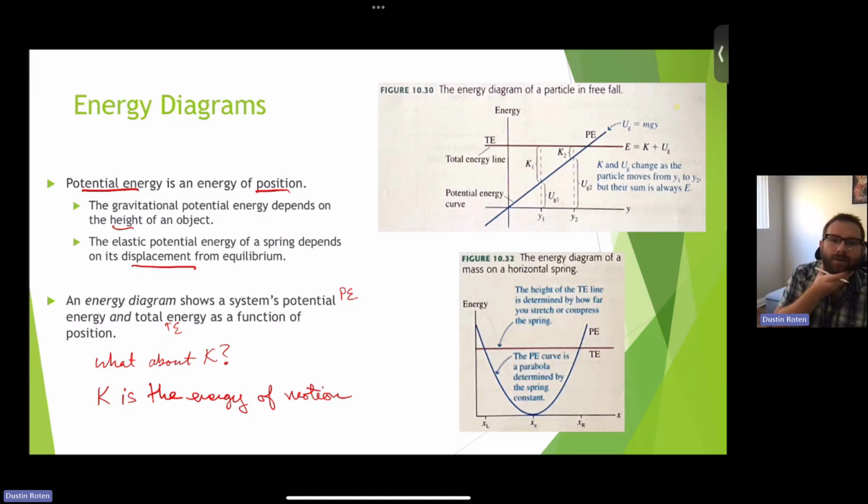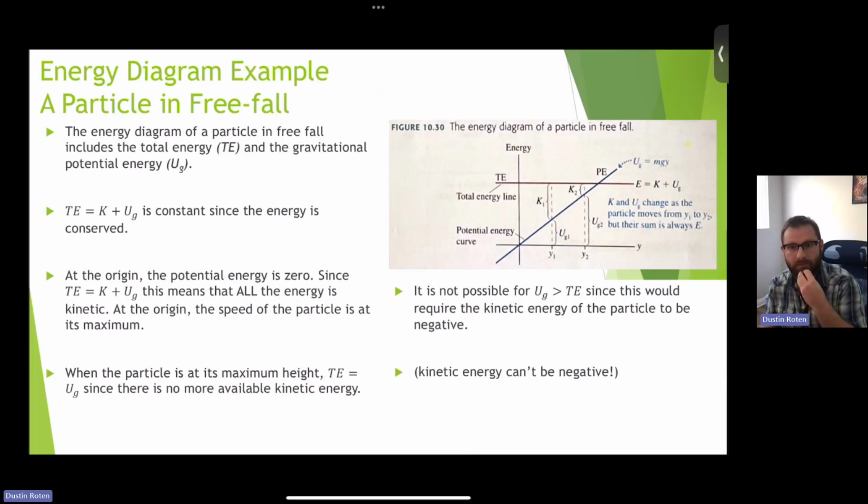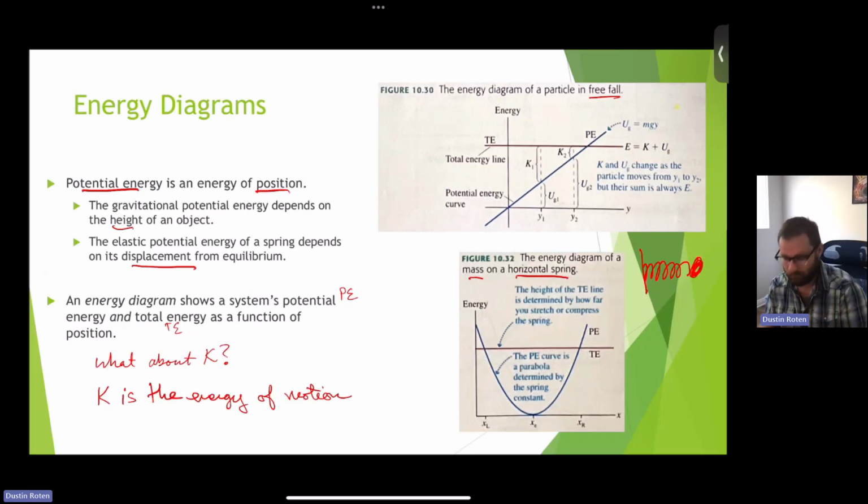Okay, we actually have two energy diagrams over here on the right. We have one for an object in free fall. And we have another one for a mass attached to a horizontal spring. So here's my spring and here's my mass. Maybe the wall is attached to it. So in both of these, we have some form of position, right? So here in the free fall example, on our x-axis, we're plotting height.